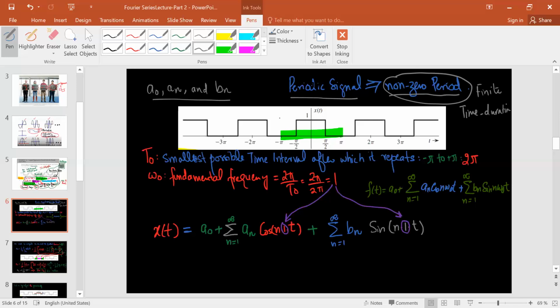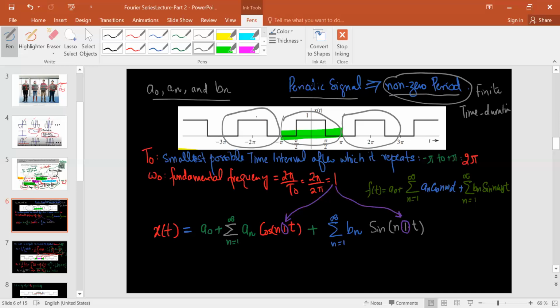You can see very clearly from here that this is one period, then it repeats, and here is another period, and similarly on this side also it is repeating from some previous time till the final time. So it's repeating all the time.